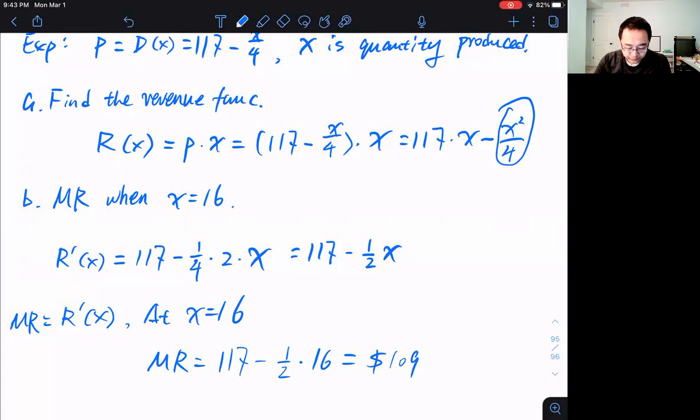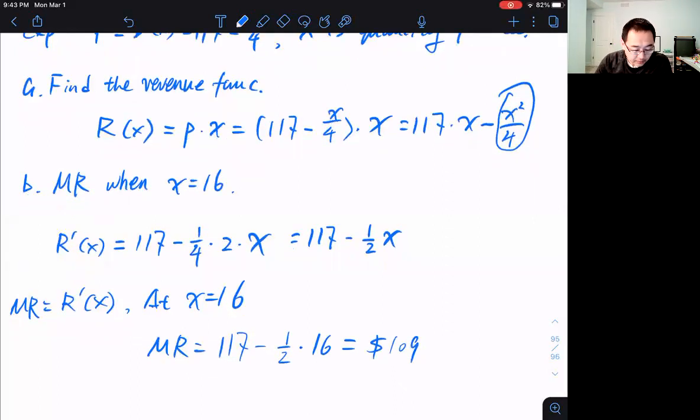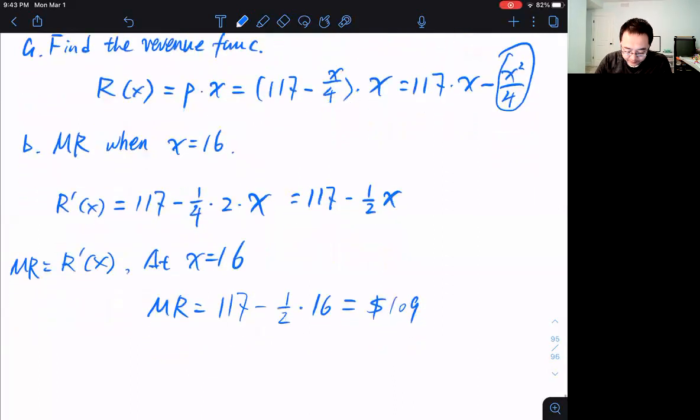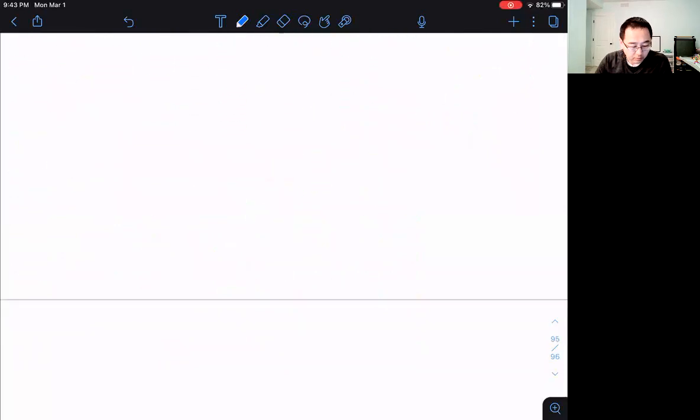Okay. All right. Now, of course, your marginal profit is the profit every unit, every product brings you. So if you have a total profit function, right? So profit function is total revenue minus total cost, okay?